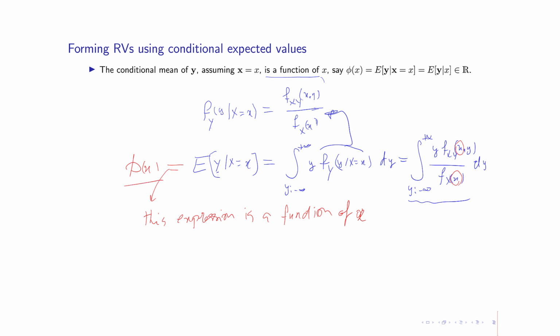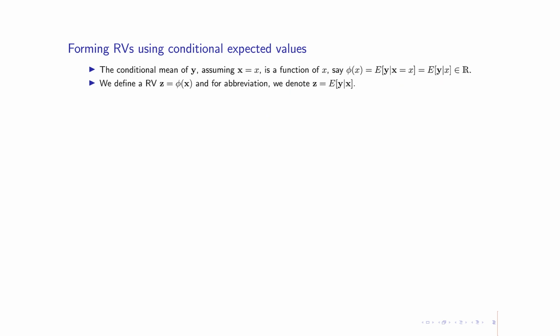Obviously, for a given value of x this is a real number, so this is a function from real numbers to real numbers. So now we have a function of x. Using this function, whatever it is, I could define a new random variable, which is phi of X.